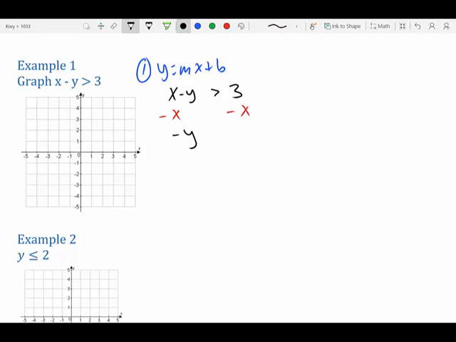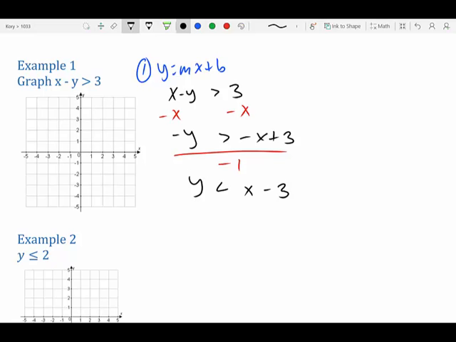So we have negative y is greater than negative x plus 3. We can't have that negative y, so we need to divide by negative 1. So y is now less than x minus 3. Don't forget that if you divide or multiply across that inequality sign by a negative, you change that sign.